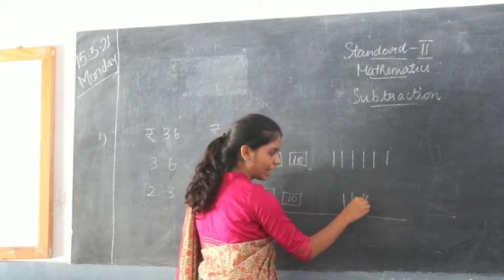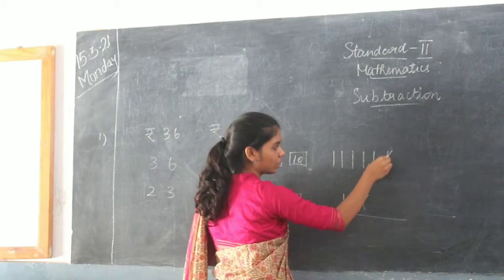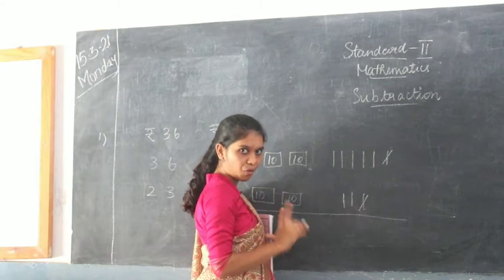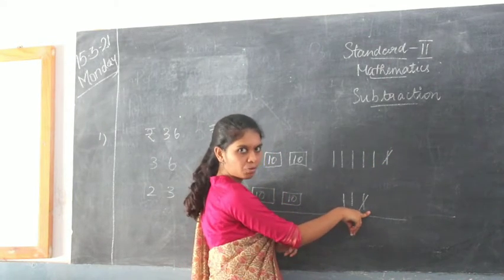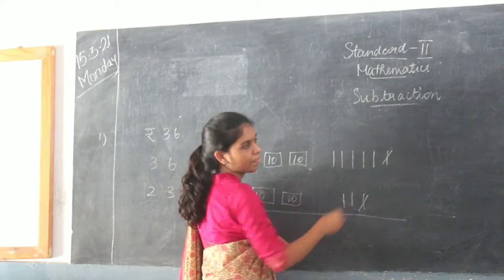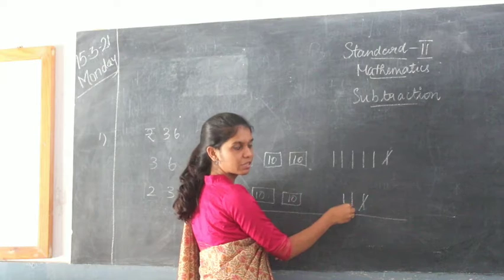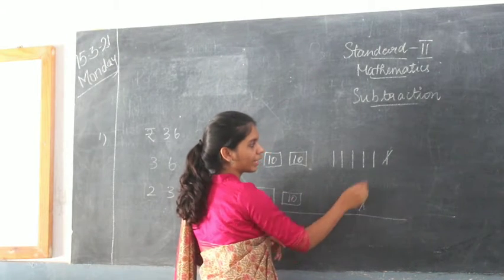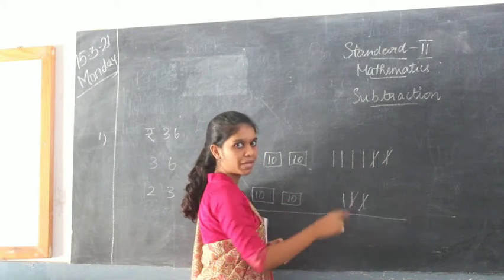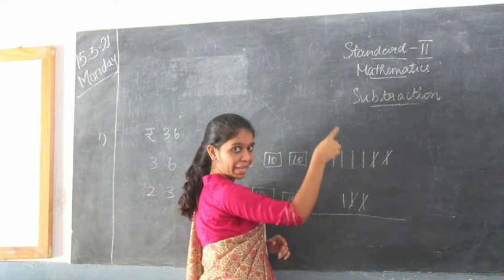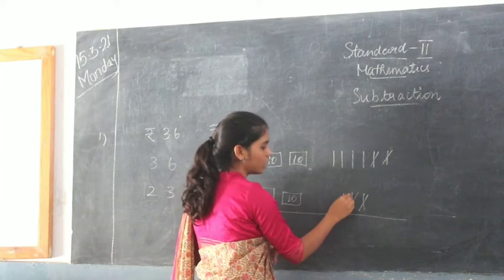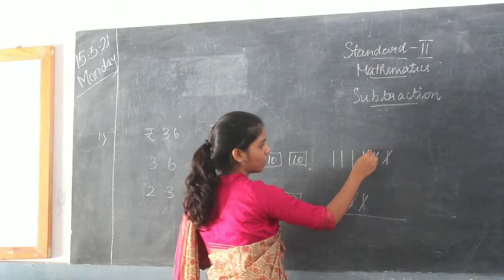This one goes and here one goes. As you cancel 1 in the bottom, you cancel 1 on the top. Again this one is cancelled. Now 2 more are there, so you cancel this one and then this one. So here also you cancel 1 and here also you cancel 1.